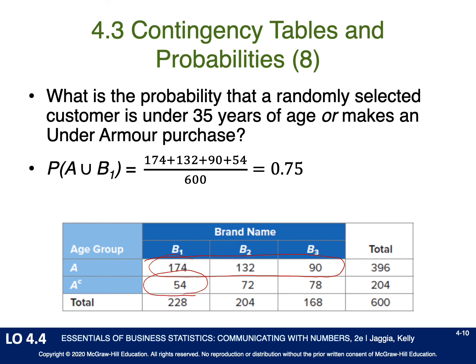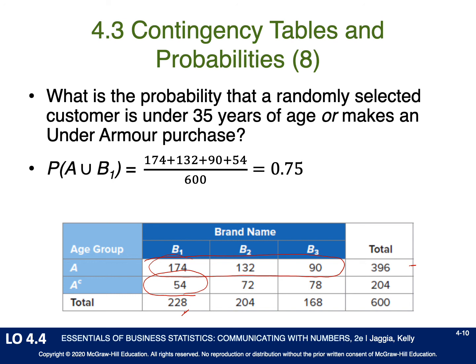Okay, so we don't want to double count. I don't want to use the 396 and the 228 because that's going to double count those 174 consumers that were under 35 and purchased Under Armour.